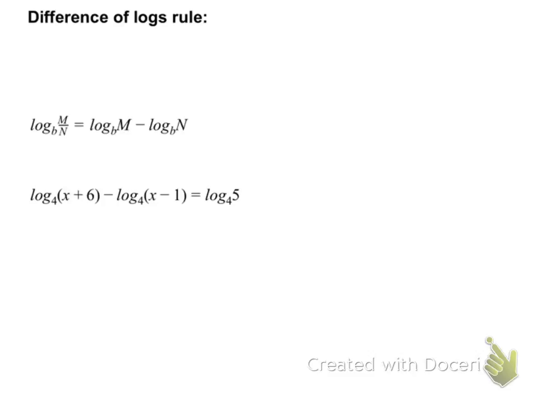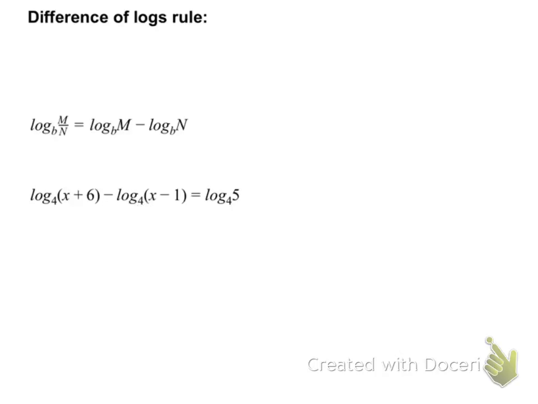But to solve logs, we cannot, in this case, just divide by a log base 4. That does not work. But what does work is the fact that this is the same log base 4, log base 4, and they're being subtracted.